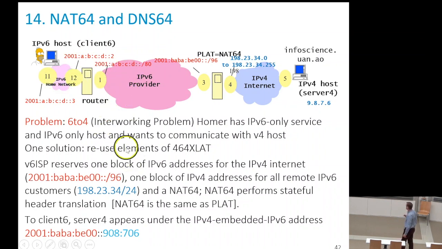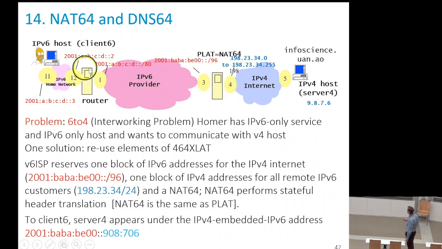So the system is very similar, a bit simpler. We still need to reserve one block of IPv6 addresses to the IPv4 internet. This solution typically coexists with XLAT. And similarly, we need to reserve a block of addresses in the NAT function here.